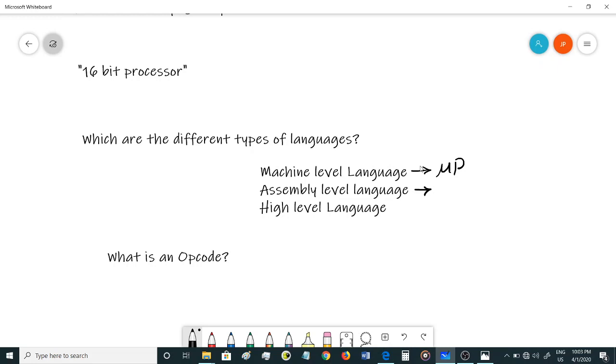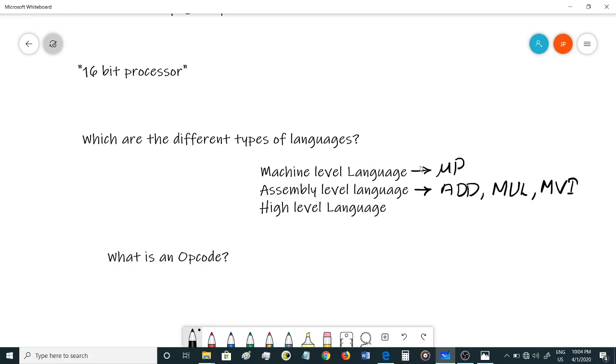In this assembly level language, we'll be using small mnemonics like add, multiply, MVI, which stands for move immediate data, and so on. There are a lot of mnemonics we'll be learning one by one in the upcoming lectures.